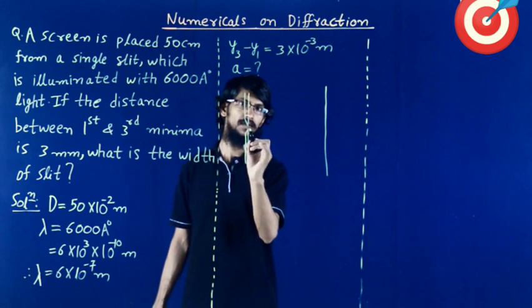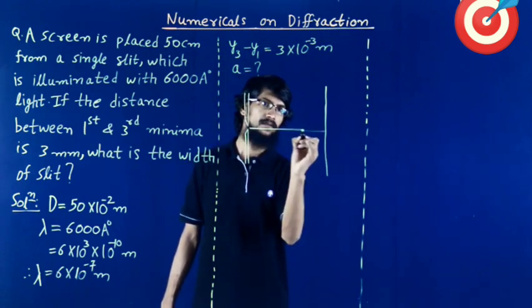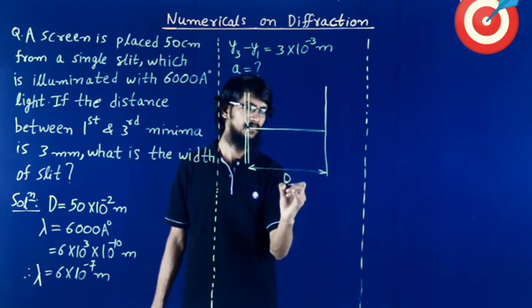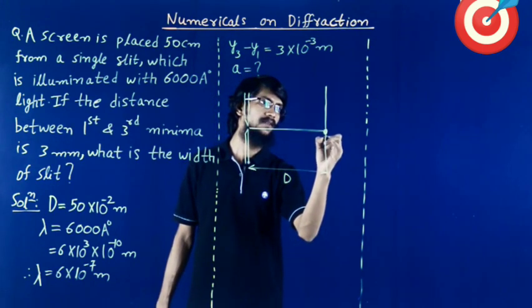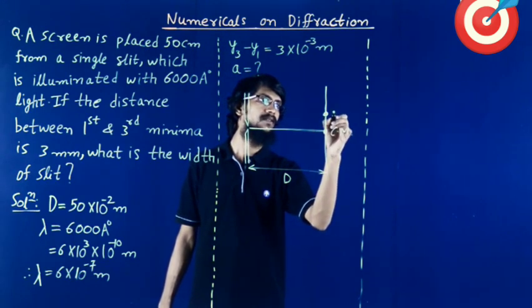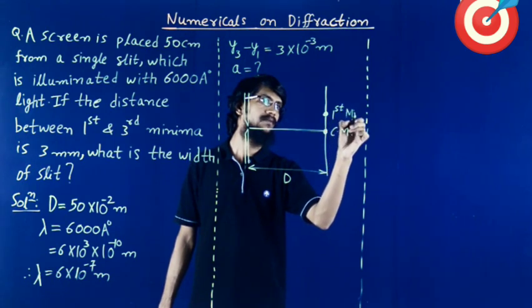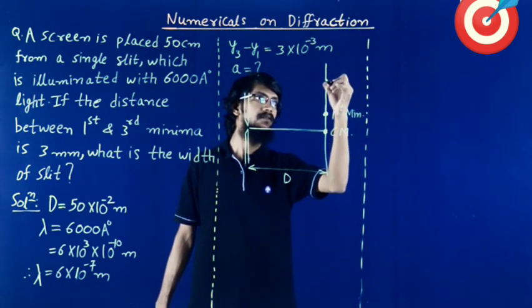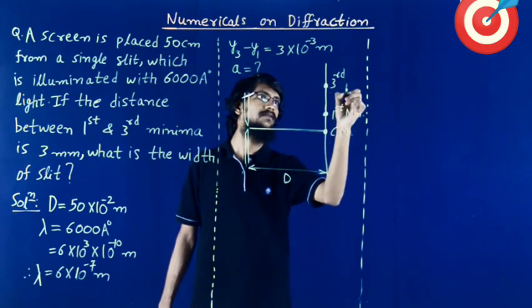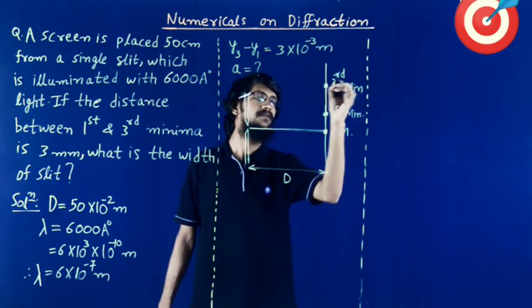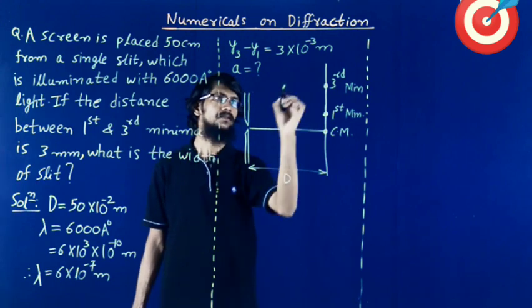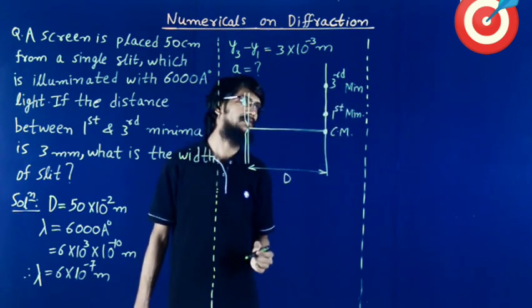From here, this distance is capital D. Here you are going to have the central maxima, and somewhere around here you will have your first minima, and somewhere around here you will have your third minima. We know the third minima is going to be at a distance of y3.